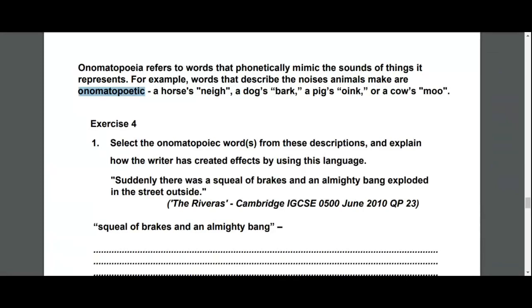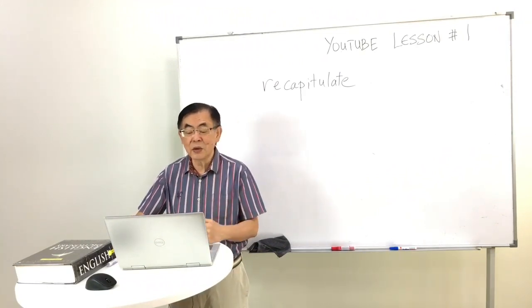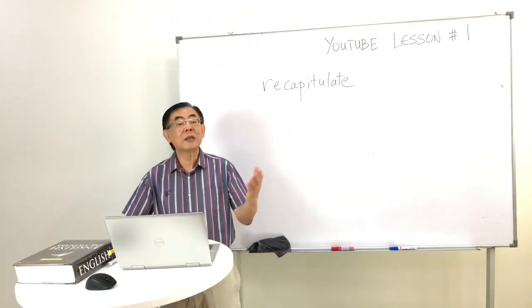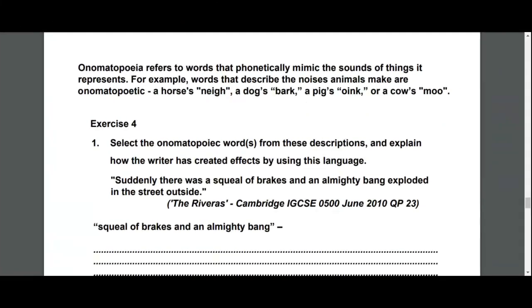That's a typing error that I overlooked. A horse neigh. Neighing, the word neigh mimics the noise made by the horse. A dog's bark, a pig's oink, or a cow's moo.